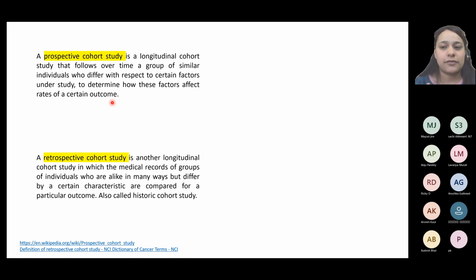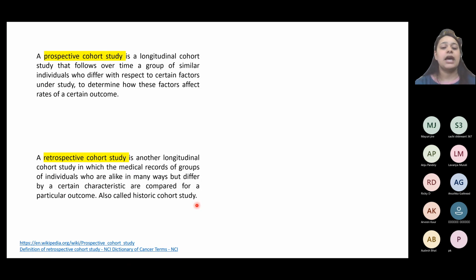Now, what is a retrospective cohort study? It is another longitudinal cohort study in which the medical records of groups of individuals who are alike in many ways but differ by certain characteristics are compared for a particular outcome. This particular type of cohort study is also known as a historic cohort study, right?